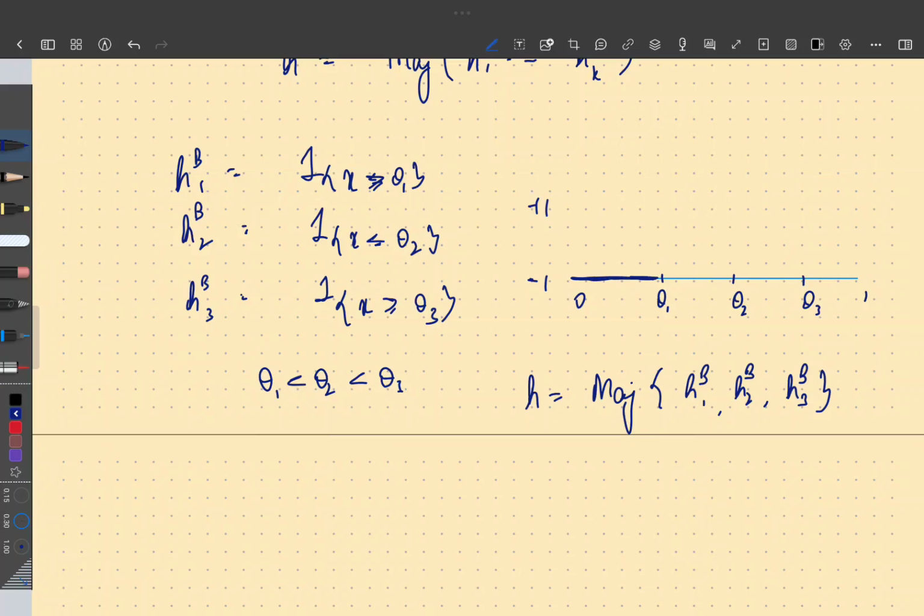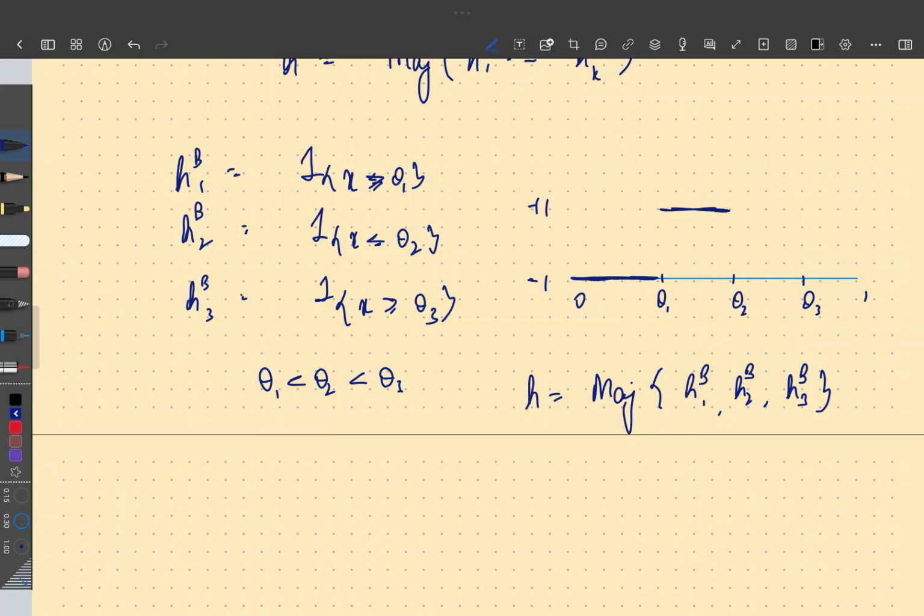And what happens in between theta 1 and theta 2? H1b is +1, H2b is also +1, H3b is -1. So this is +1. What about theta 2 to theta 3?